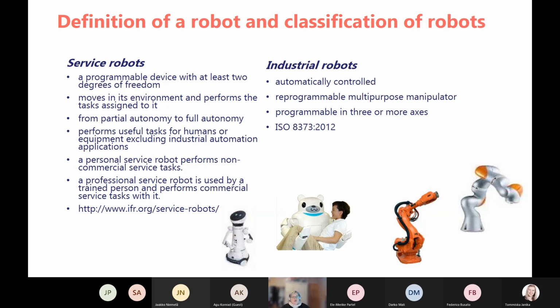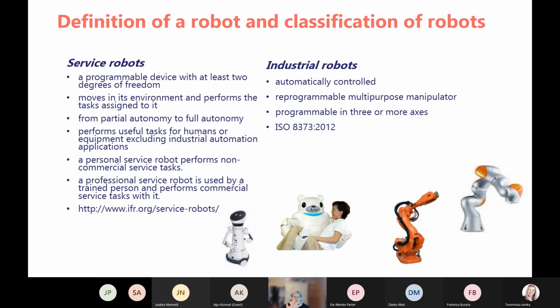Then the term industrial robot is based on the definition of the International Organization for Standardization. It says that an industrial robot is an automatically controlled, reprogrammable, multipurpose manipulator programmable in 3 or more axes.